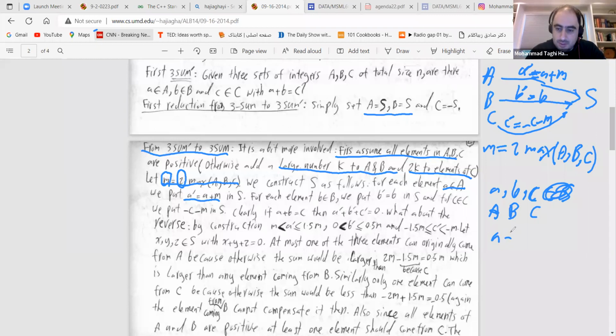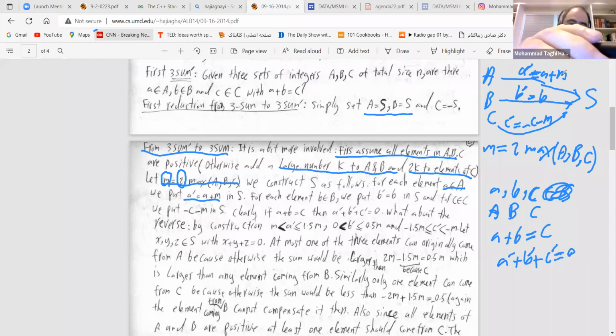If we have A plus B equal to C in the 3-sum prime, then of course A prime plus B prime plus C prime is equal to 0 here. Why?